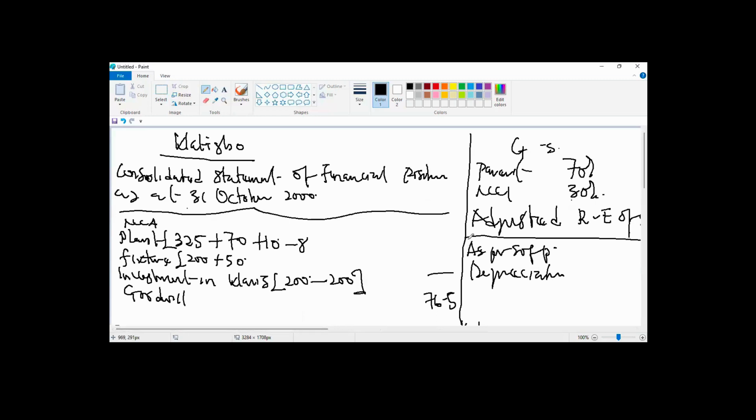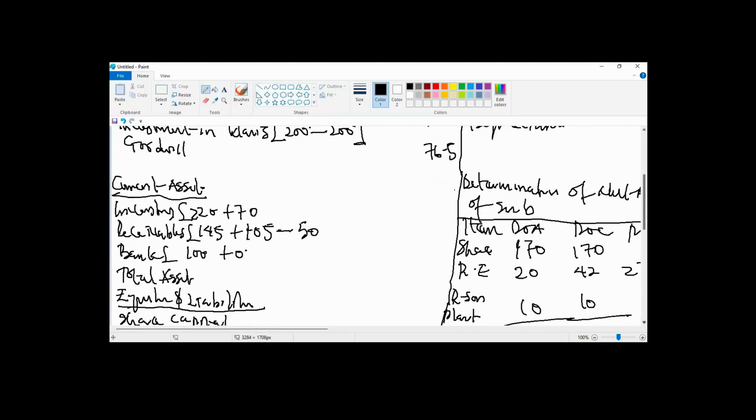Furniture, this will give me 250. Is there any 230.4?